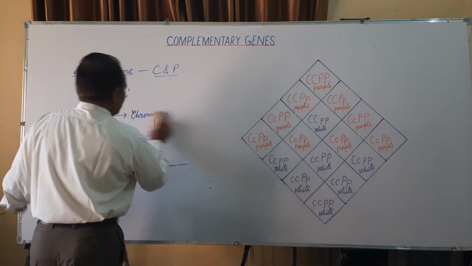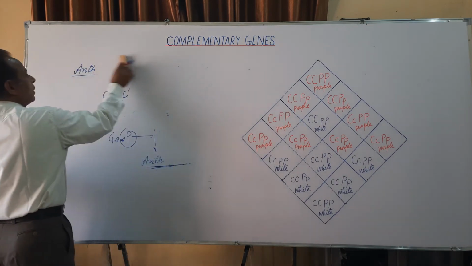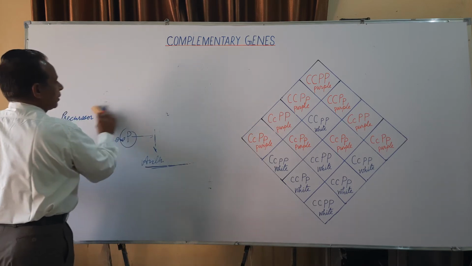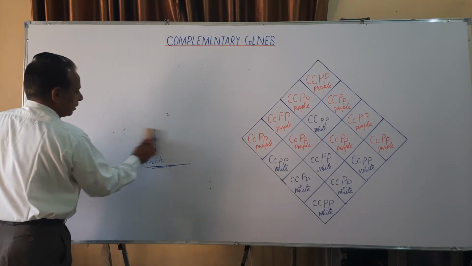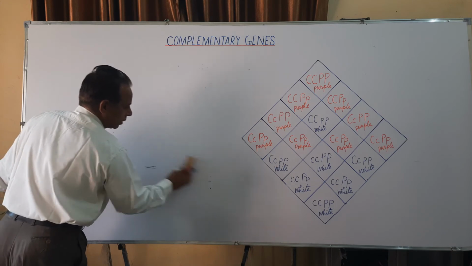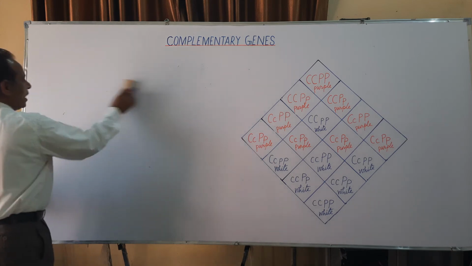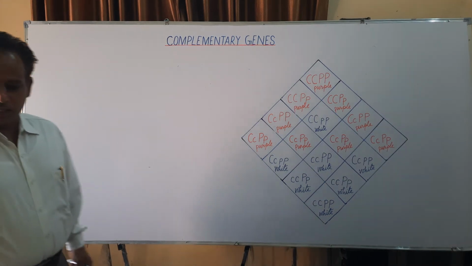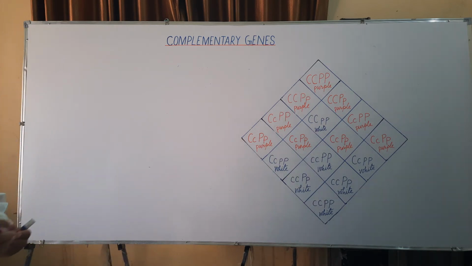Now we will explain the interaction of complementary genes by a cross between maize plants differing in the grain color.